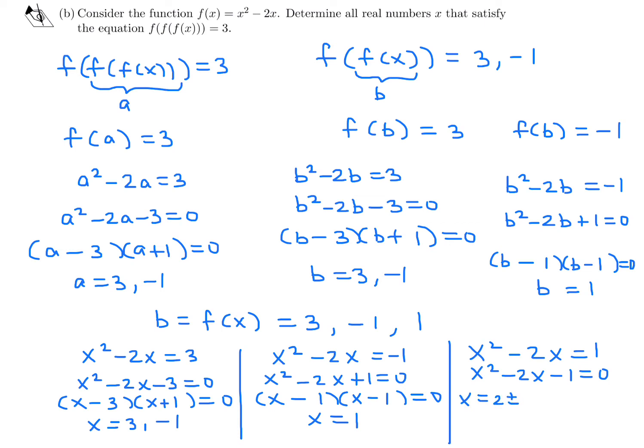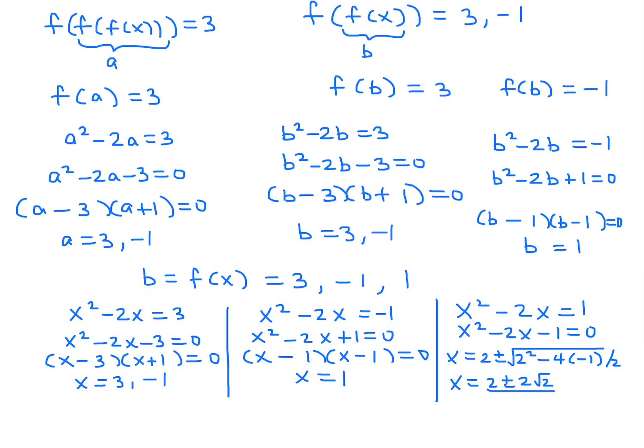So 2 plus or minus the square root of 2 squared minus 4 times negative 1, all over 2. So that's going to be 2 plus or minus the square root of 4 plus 4, so 2 root 2 all over 2.